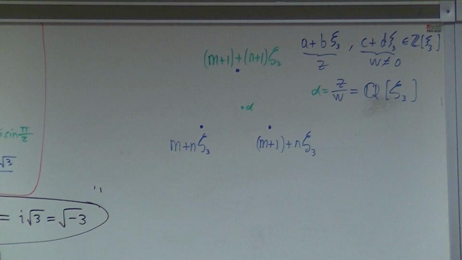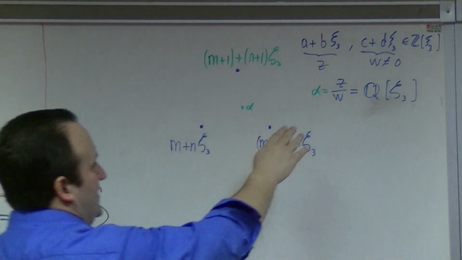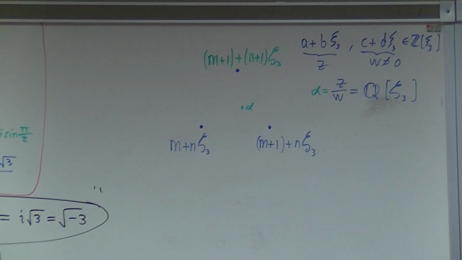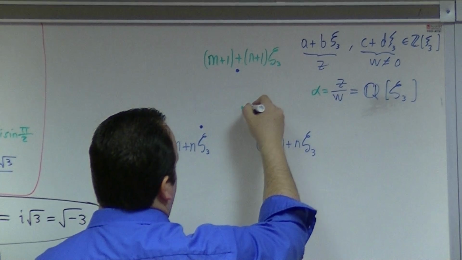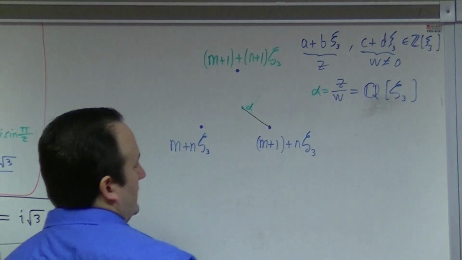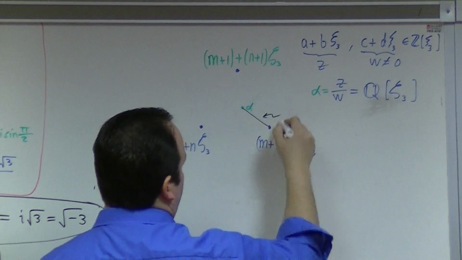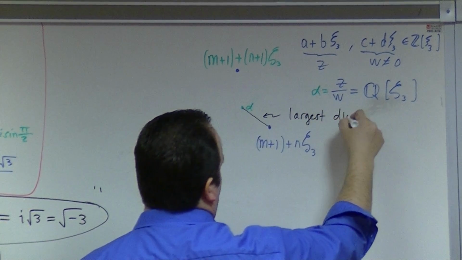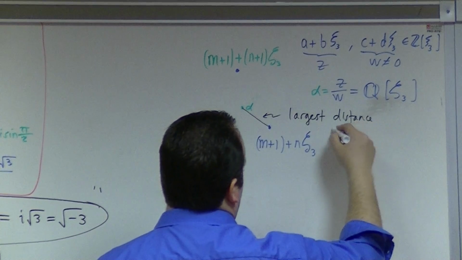The point here then is if you take the quotient of two such numbers, you can put a bound on the distance. What's the largest distance you could have here? Is what you said 2/3?